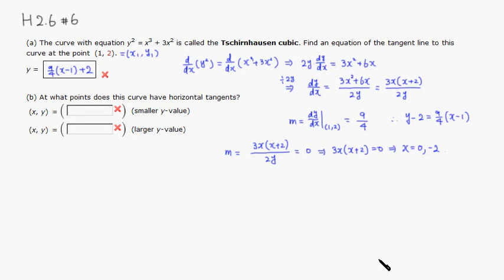Then we just need to find the corresponding y value. So when x equals 0, put 0 here, y is going to be 0. Then put x equals negative 2.